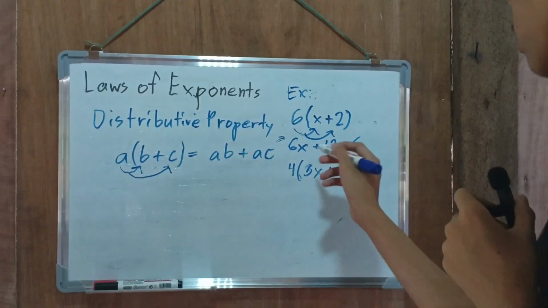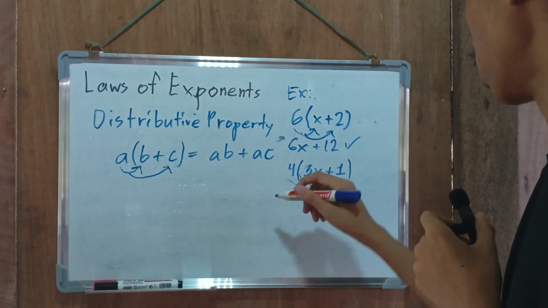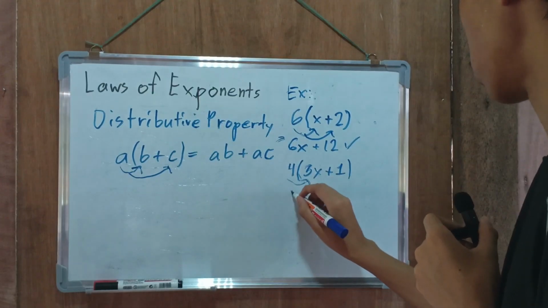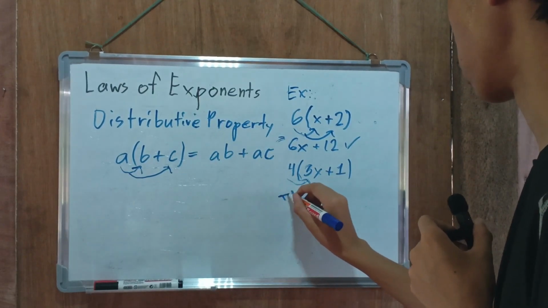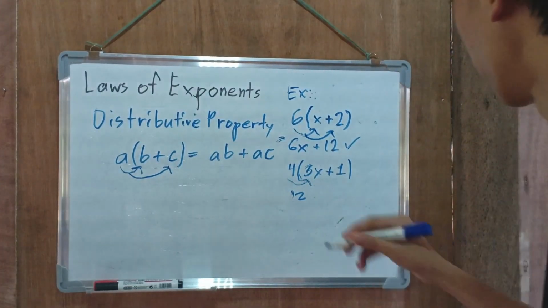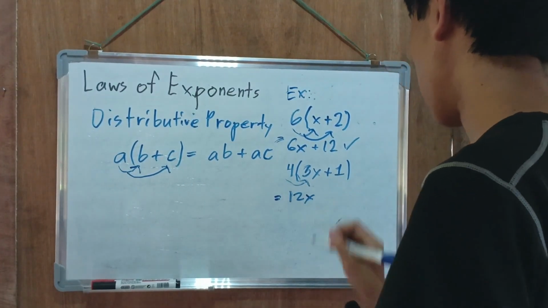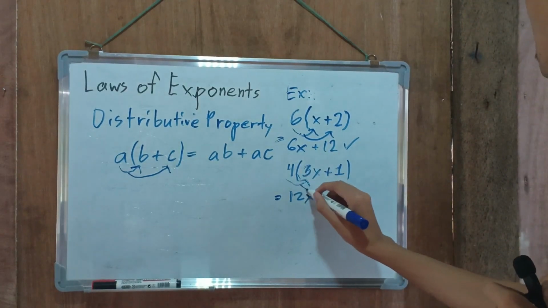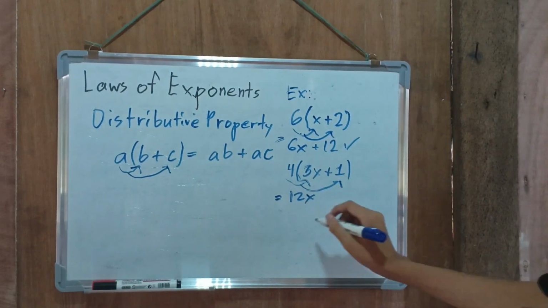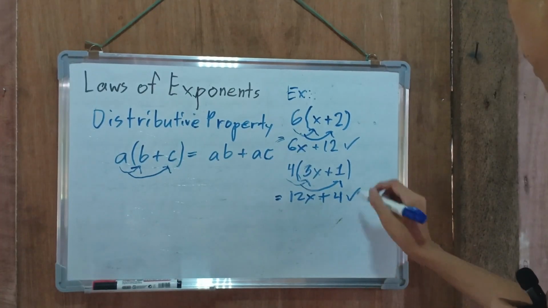To solve this, 4 times 3x, we're going to distribute 4 to 3x, which is 12x. 4 times 1 equals plus 4. So this is the final answer.